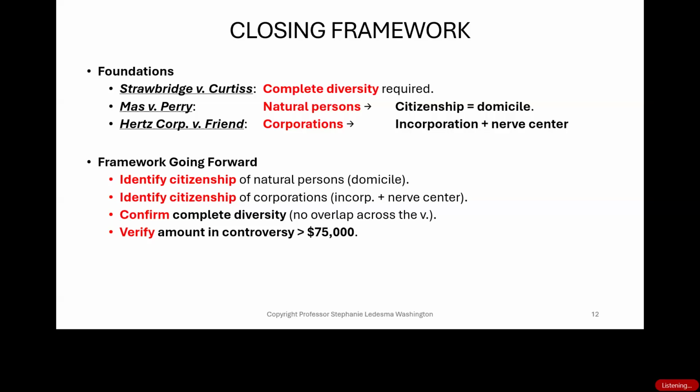We learned in Moss v. Perry that for natural persons, citizenship is based upon the domicile. That is the physical presence and the intent to remain indefinitely. And now in Hertz, the Supreme Court settles the corporate side of the equation. A corporation is a citizen of the state.